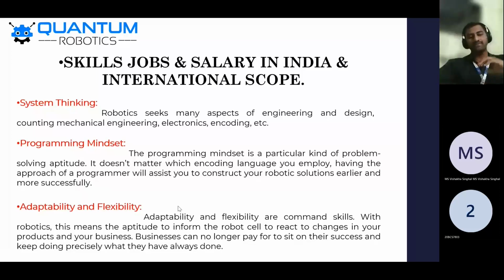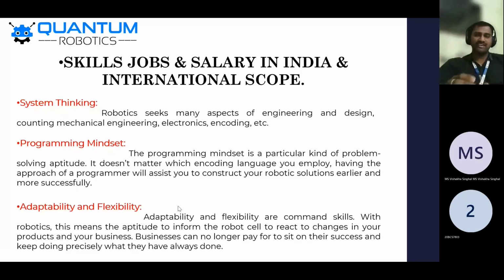A pick and place robot picks up the particular material, interacts with the person according to their speed, and transfers the product to them. This is the flexibility of a robot.